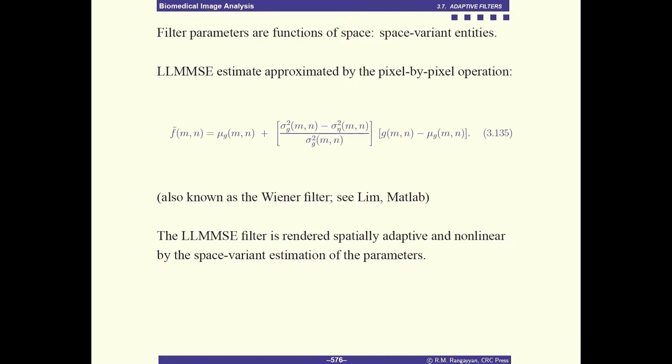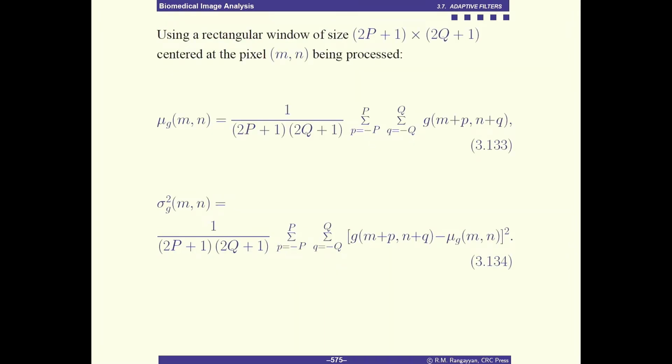This is non-stationary already. It is not that we assume stationarity and apply a linear filter. That's what we did with the Wiener filter. This is not stationary. Here we said specifically the image is non-stationary. Even the noise could be non-stationary. So there is no stationarity here. Everything is varying pixel by pixel. And the statistics are estimated using a local window of some size. We didn't say what the size is. Actually we said, I think, here.